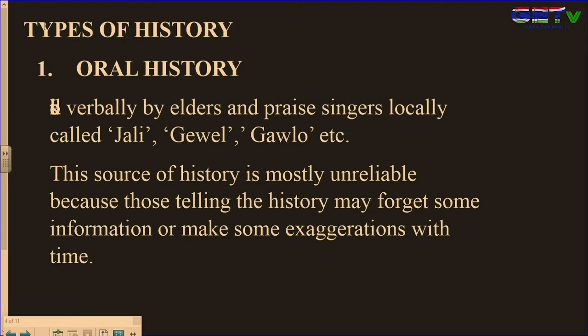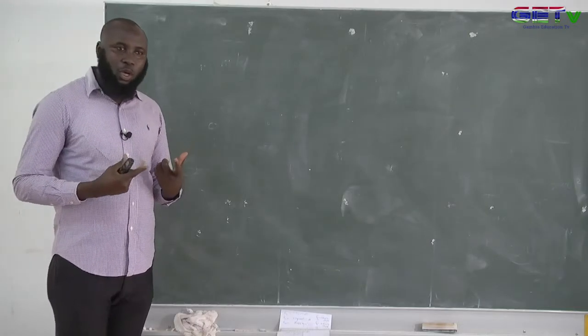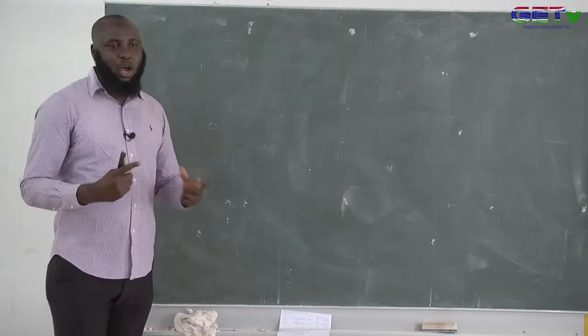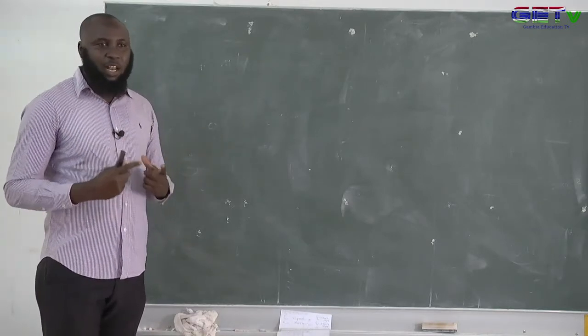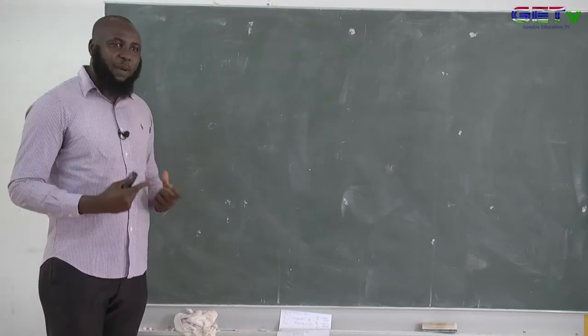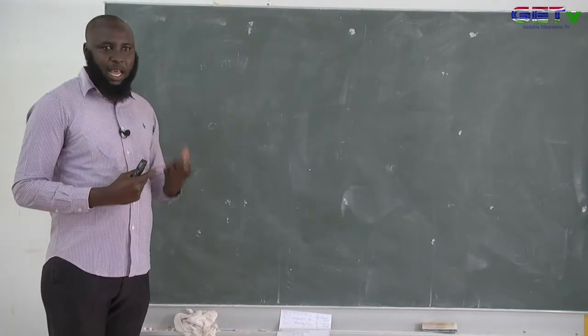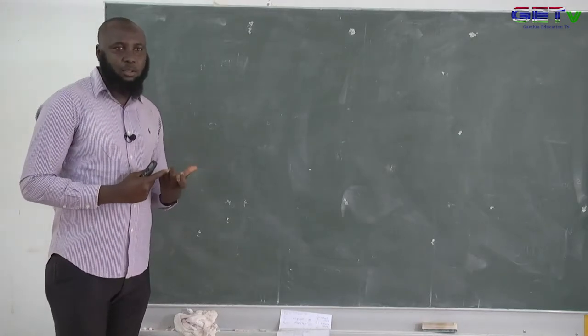These elders, some of them could be our grandparents, who will narrate history to us, who will tell us the important happenings that happened in the past to the younger generation.